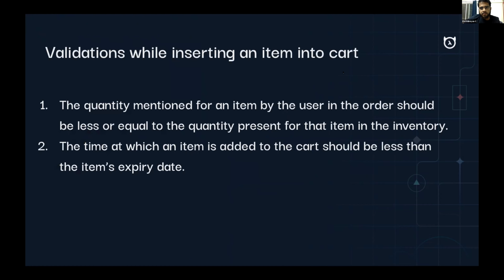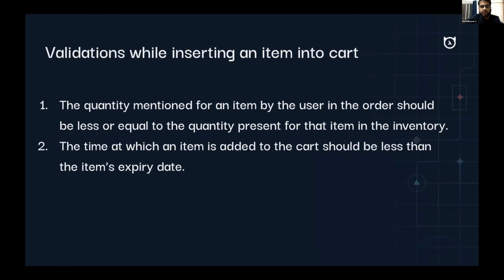We want to do certain validations while inserting an item into a cart. When a user inserts a new item into the cart, we have to check that the company has as much stock in their inventory as the quantity the user requests.